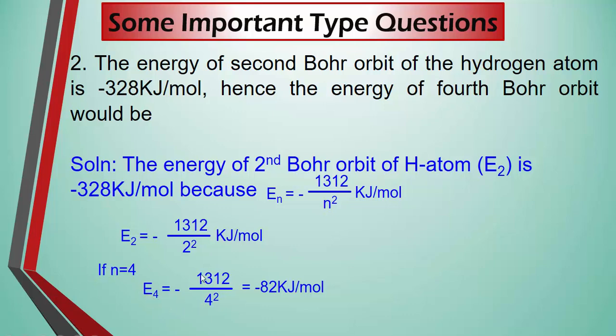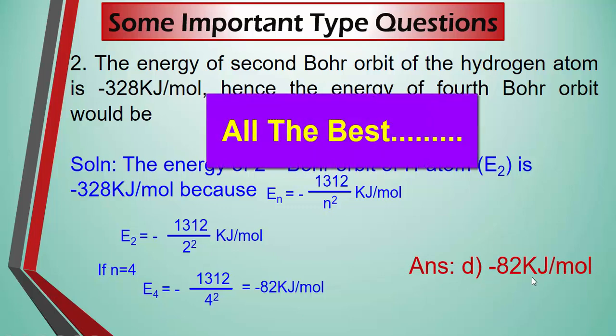E4 is equal to minus 1312 divided by 4 square, that's going to be 16. So 1312 divided by 4 square is going to give us the value as minus 82 kilojoule per mole, because this minus remains as it is. So you know this option D had this number as minus 82 kilojoule per mole. So that's the correct answer.